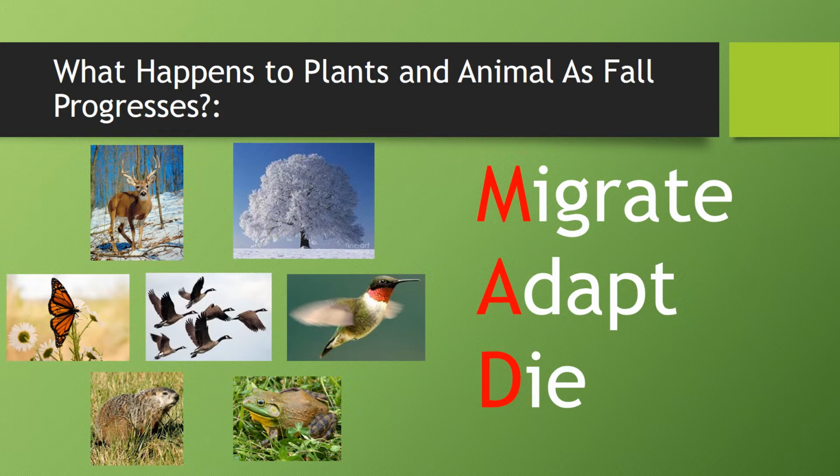Their coat actually thickens in the winter time and thins in the spring, starts to thin in the springtime. So, can you think of any other adaptations that a deer would have? So, if you think of omnivore, herbivore, carnivore, what is the deer?